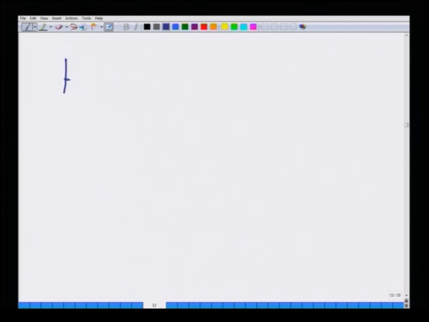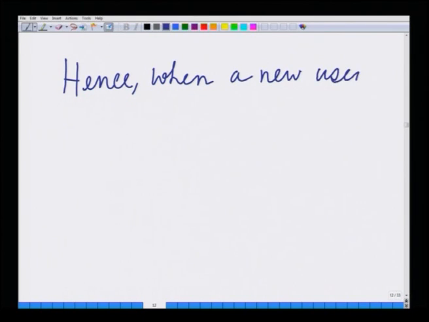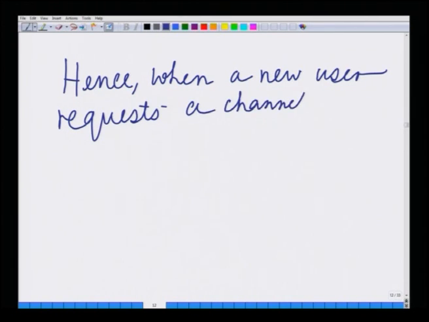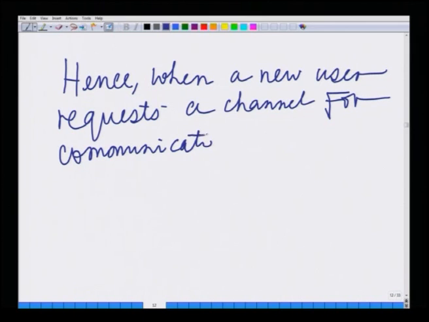Hence, when a new user requests a channel for communication, his call is blocked, that is, there are no channels available to place his call.